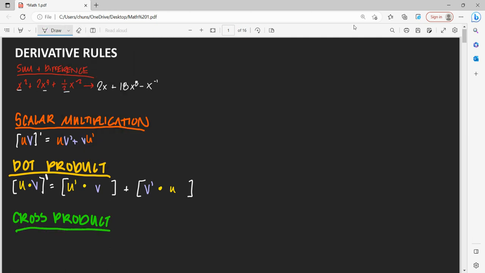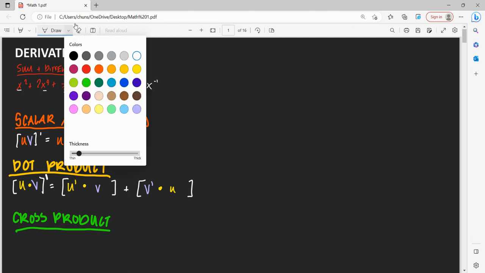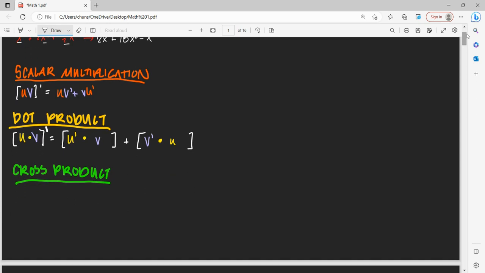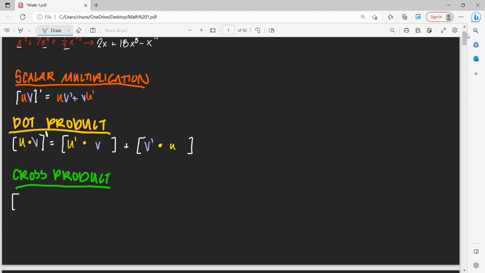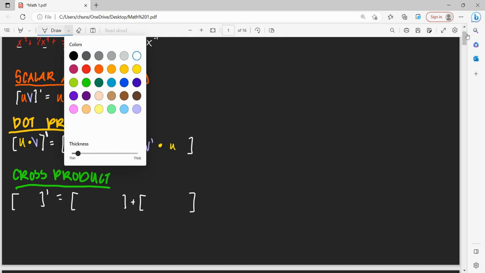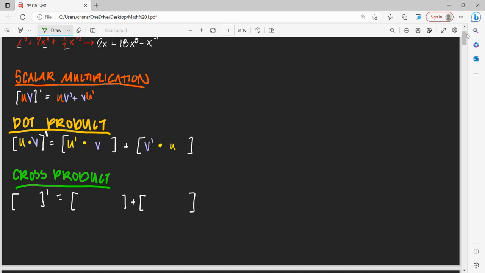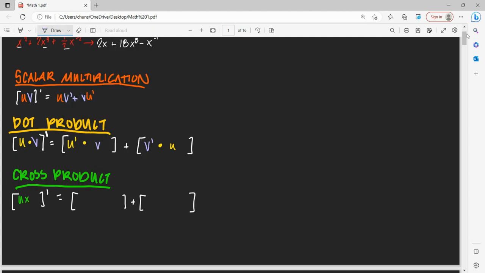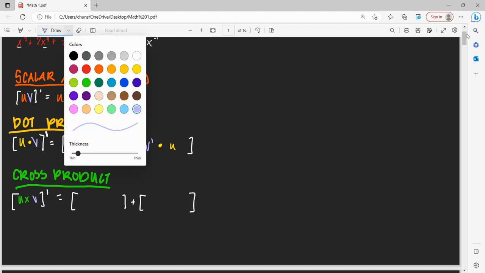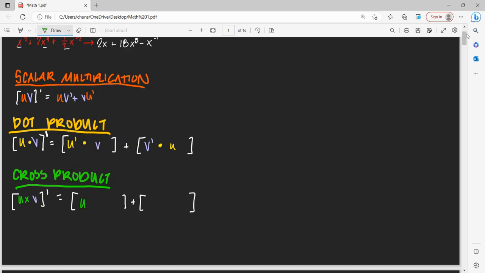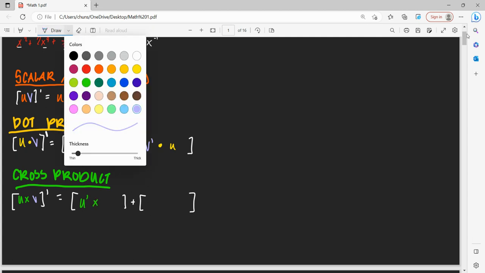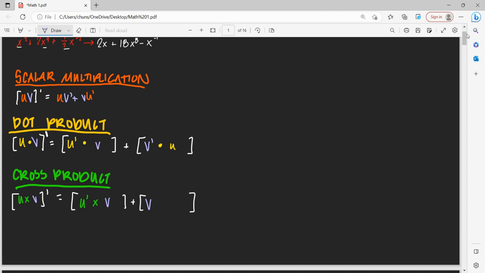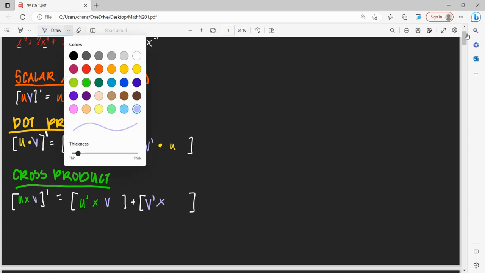Sorry, I should probably indicate this as a derivative. So when we do that for our cross product, same kind of thing, I'm sure you can infer. So we take the derivative. This time, this is u cross v. That means we are going to have the derivative of u with the cross product of v, and we're going to have the derivative of v cross product with u.